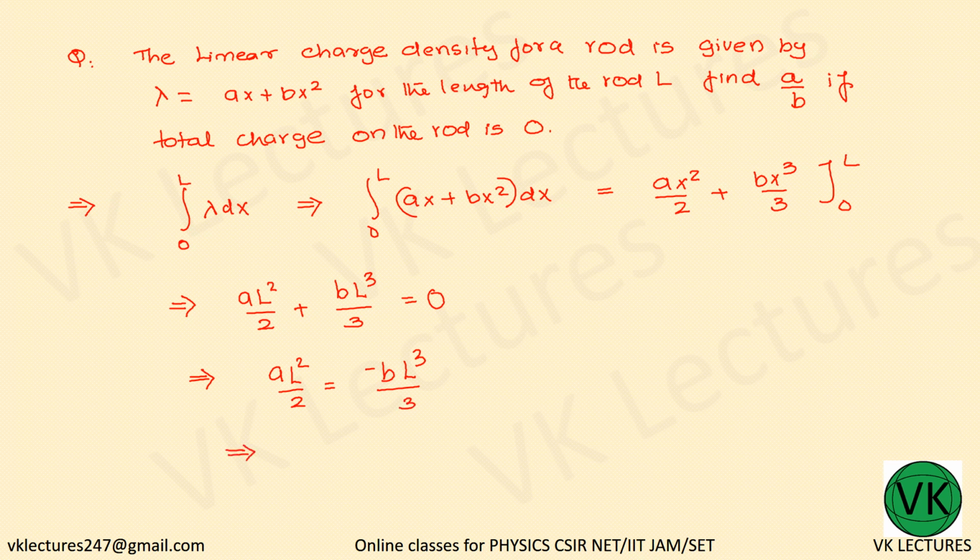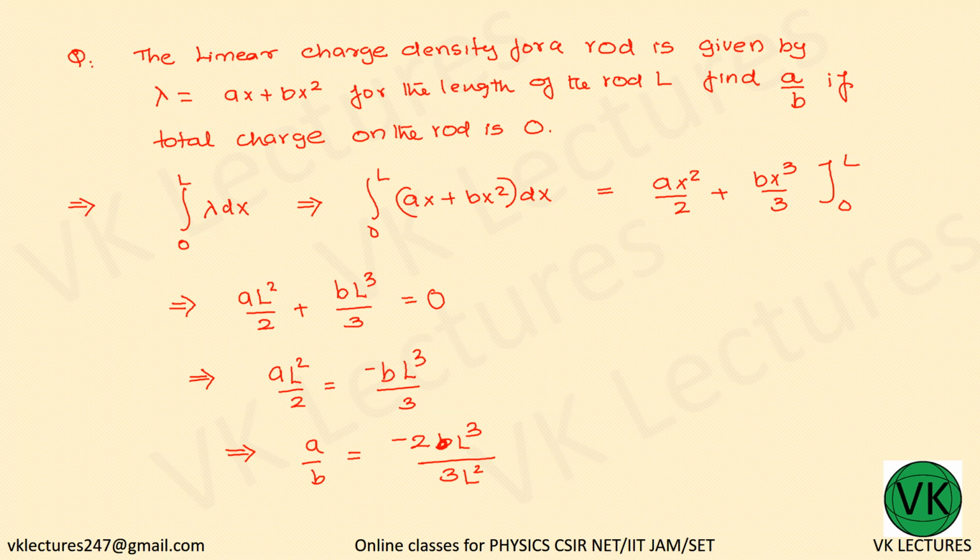Now send the others to the other side. A by b is equal to minus 2l cube divided by 3l square.